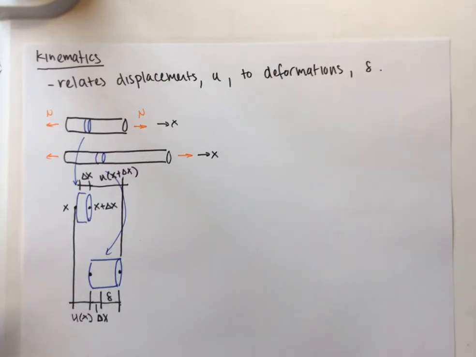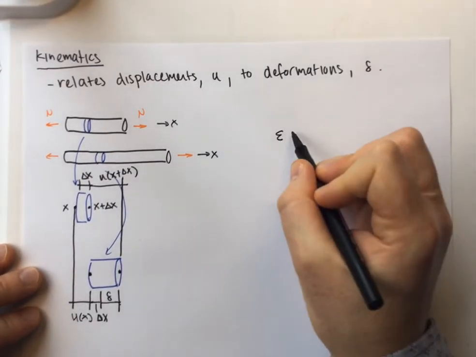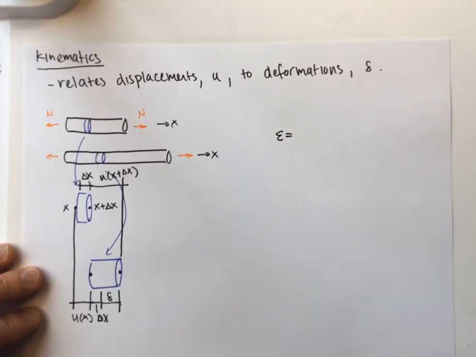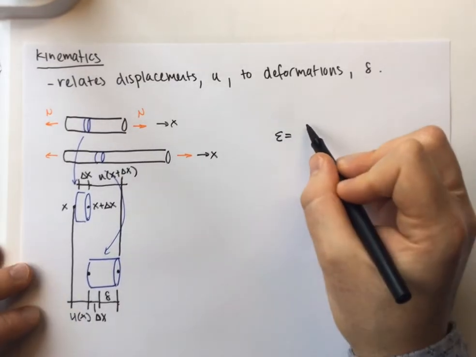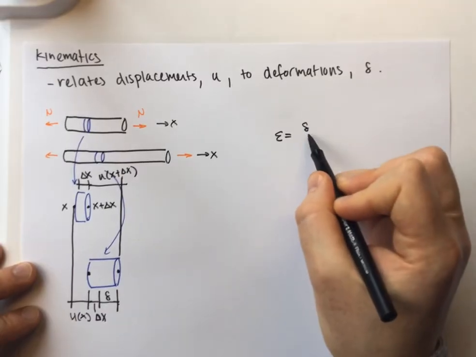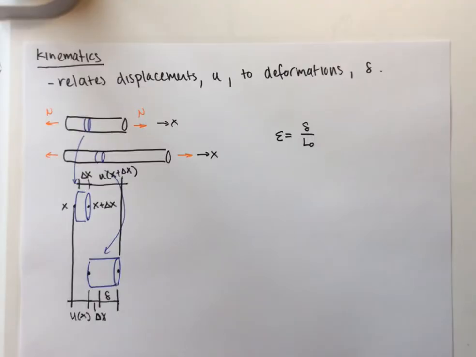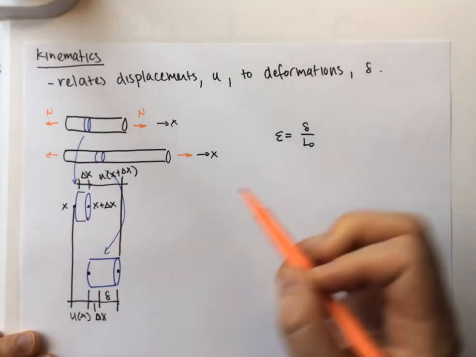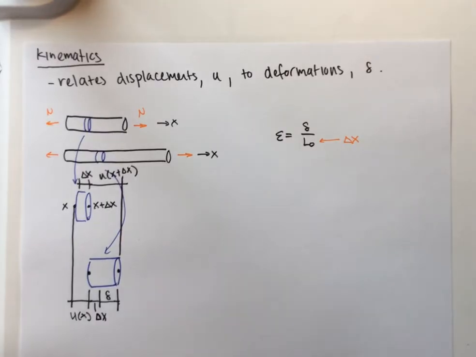So what we're trying to get back to, taking a step back here, is what we want to know at the end, which is strain. So we said that strain is one of our fundamental quantities, and we said that it was going to be the deformation divided by the original length. So in our little picture here, we can see our original length, L0, is just going to be delta x.